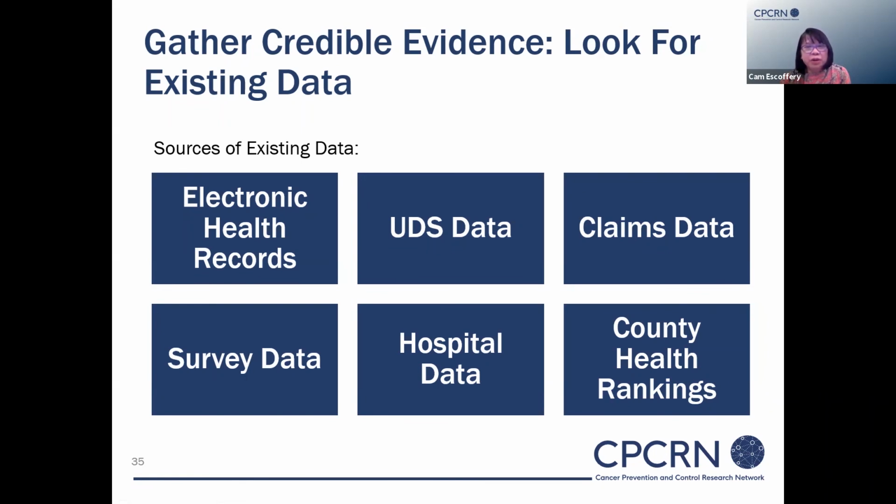You can look for your Uniform Data System data, if you're an FQHC or community health center, claims data, collect it from survey data on your own, or collect data that are collected by other entities, such as County Health Rankings or surveillance surveys from the CDC and other entities.